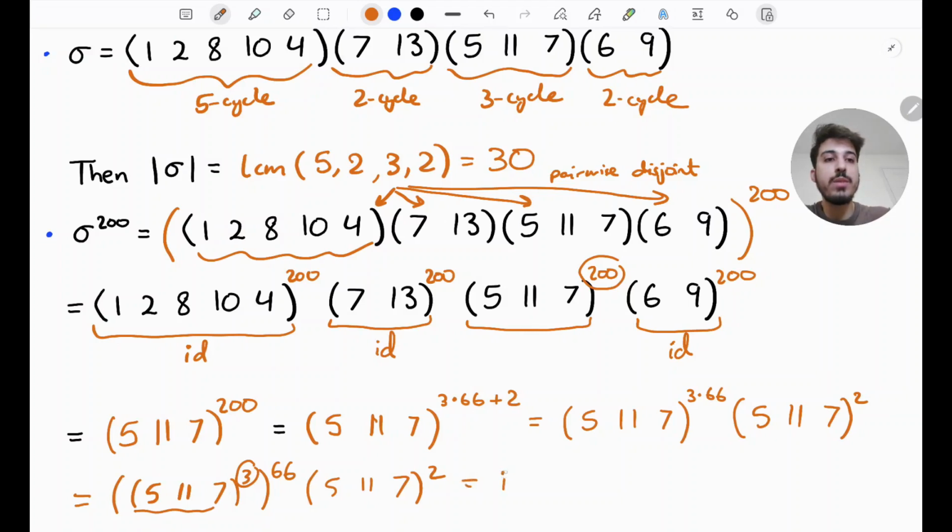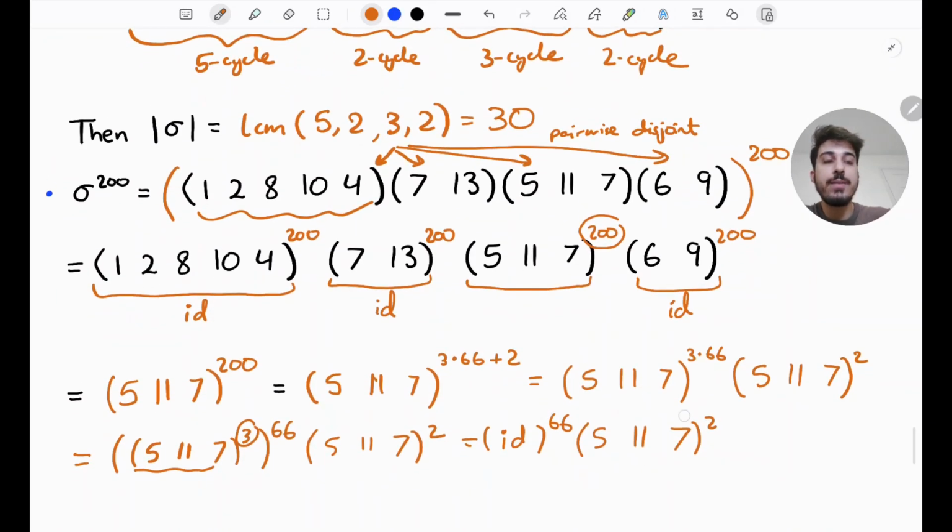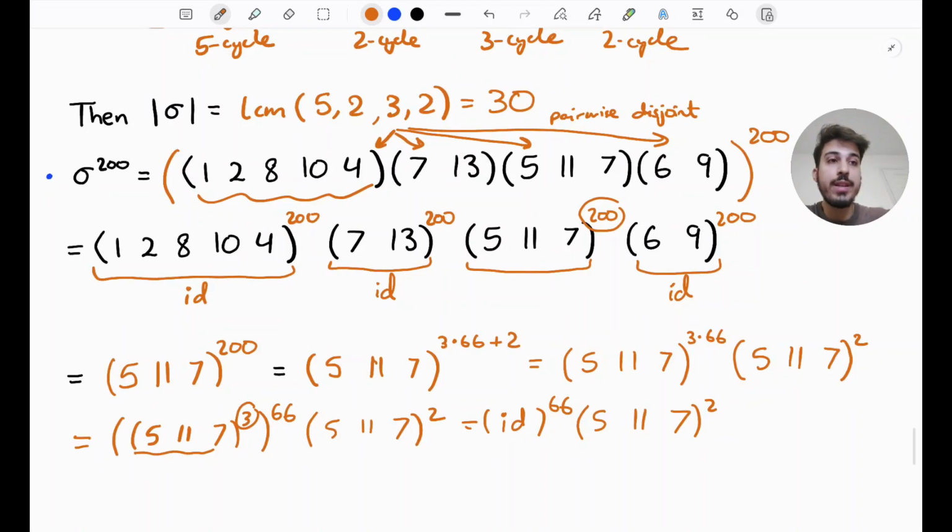So this is equal to the identity to the 66, which is equal to the identity, times (5 11 7) squared. And notice that (5 11 7) squared is equal to (5 11 7) times (5 11 7). And that is very, very easy to compute.